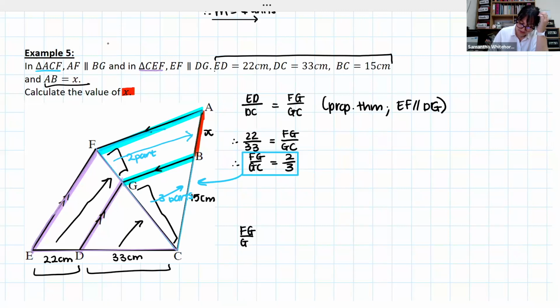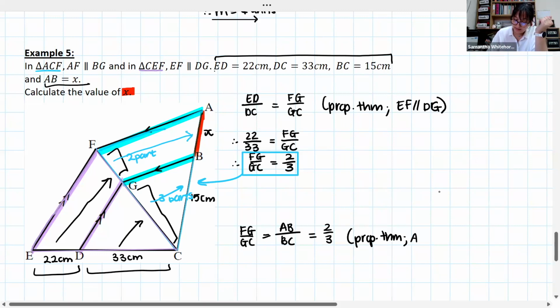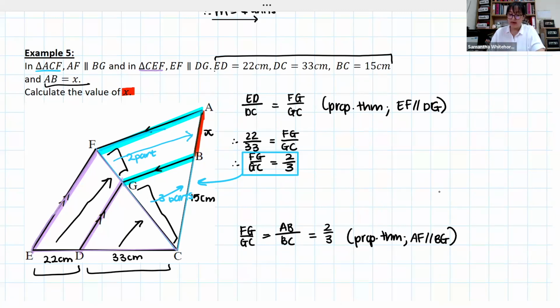FG over GC corresponds to, if you follow the blue arrows, AB over BC. And that all corresponds to that ratio of 2/3. Again, this is because of my proportion theorem, and I know I got 2/3 because I had to do some working out beforehand. AF is parallel to BG. Now that I've got this information, I can work out my missing value of X. I want you guys to finish it off for me, work out what X is.